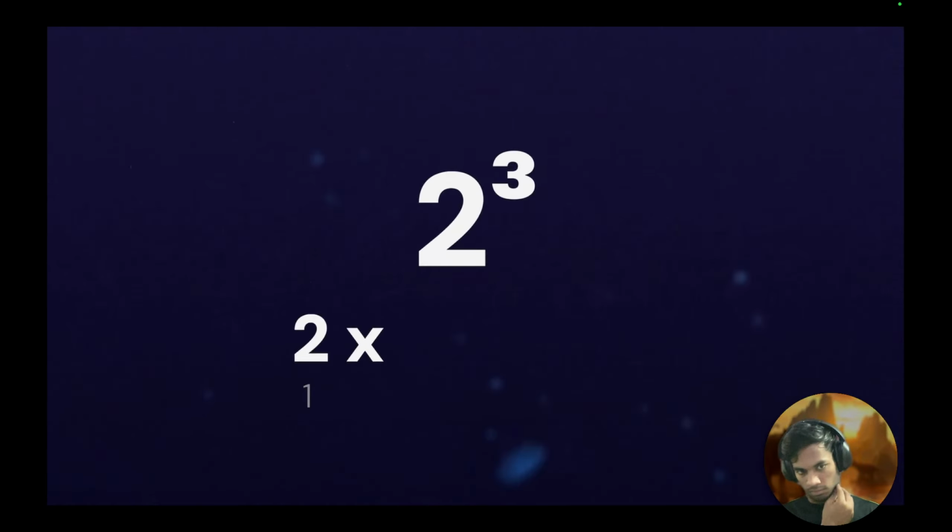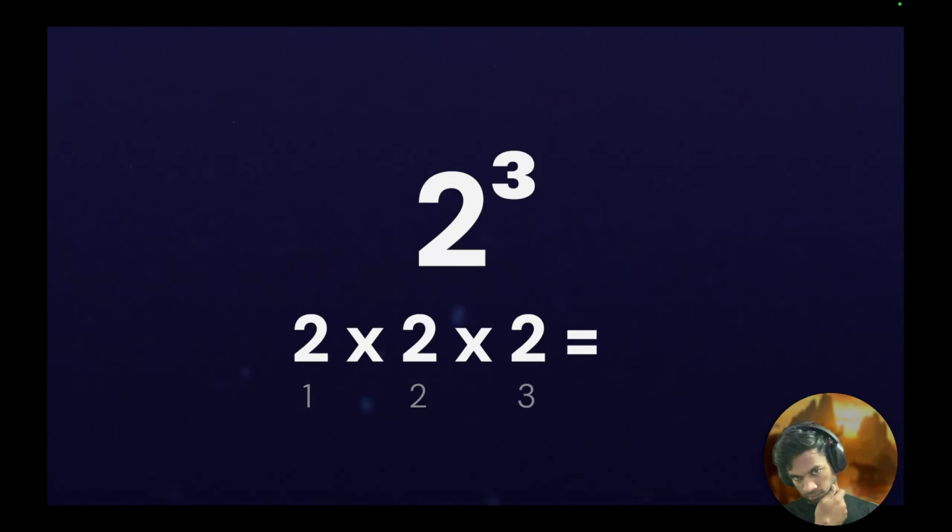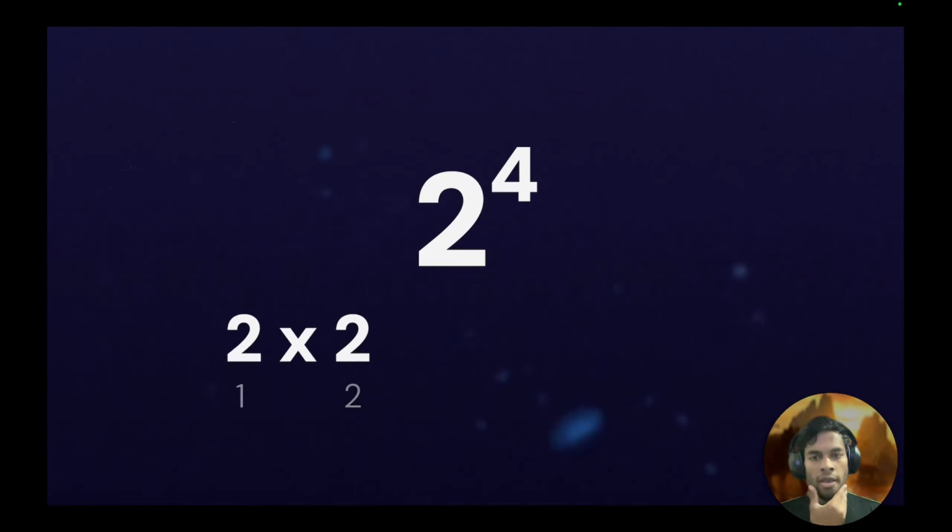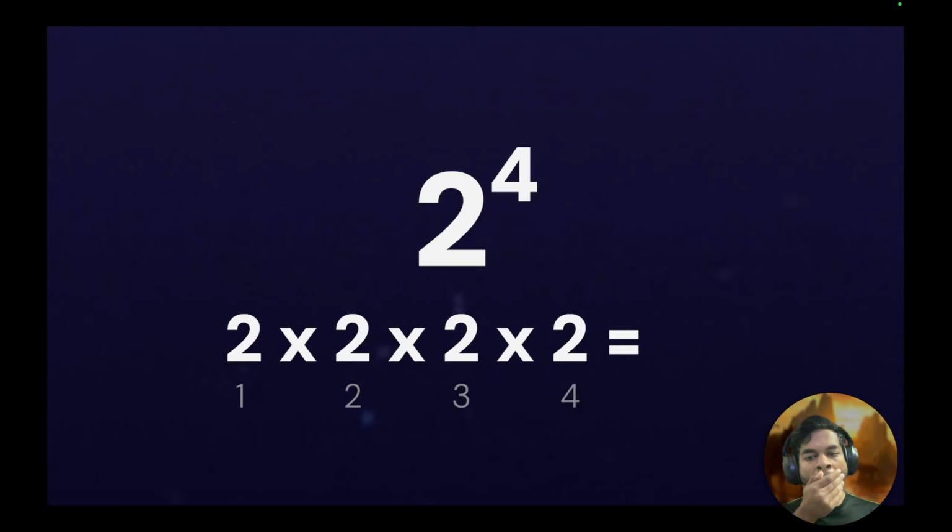2 raised to the power of 3 just means 2 multiplied by itself 3 times. So 2 raised to the power of 3 is 2 times 2 times 2, which is 8. 2 raised to the power of 4 is just 2 times 2 times 2 times 2, which is 16.